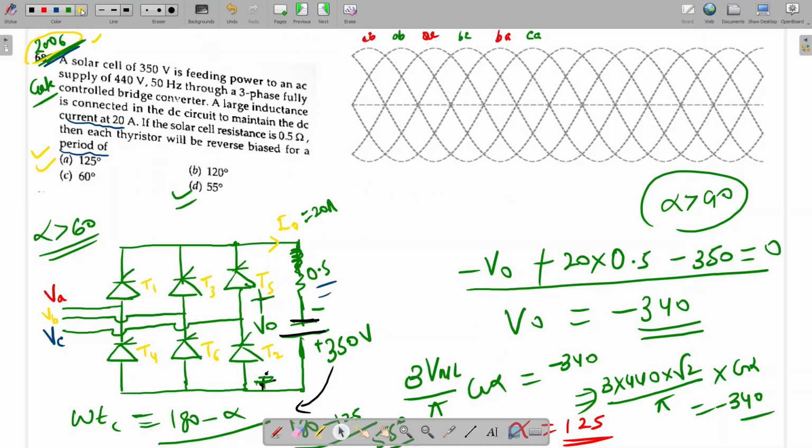So we can draw the output voltage first. This is the reference. Here to here is 60 degrees, 120, and this is 60. So let's say 125 will come here. I will start the waveform from here. AB will flow from here. For AC, where will 125 come? 60, 60 and one here it will come.